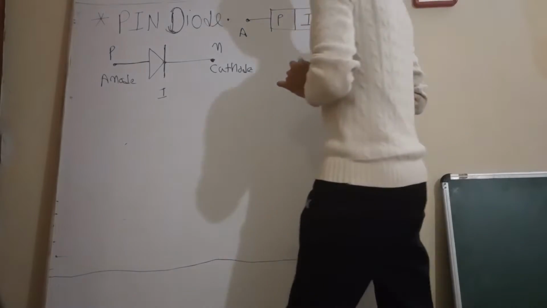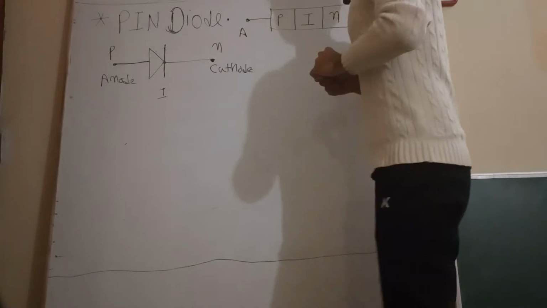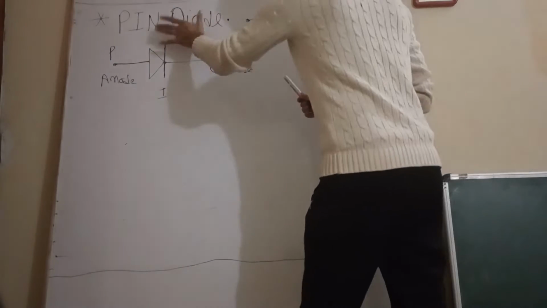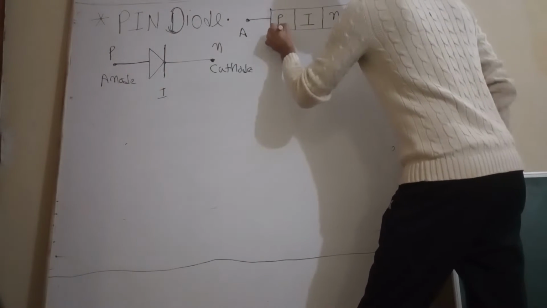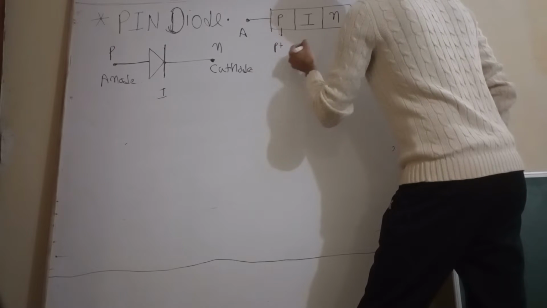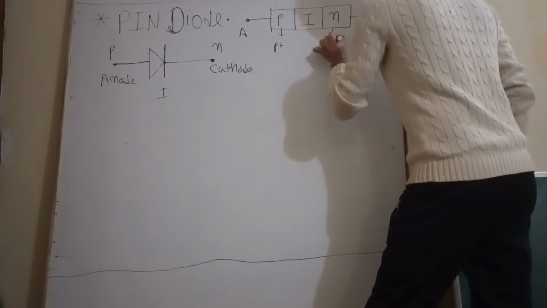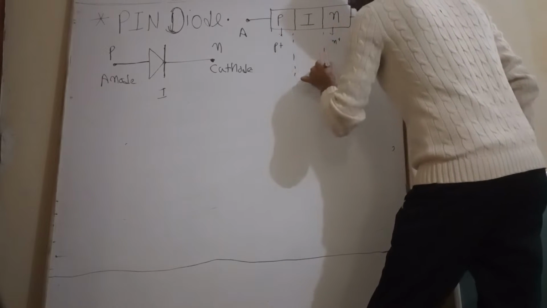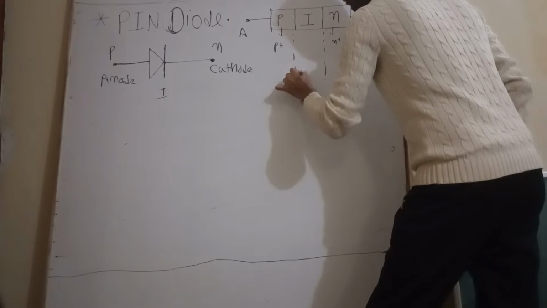Now see, what is this PIN diode? This is the heavily doped P region and this is the heavily doped N region. Between them is the intrinsic region.